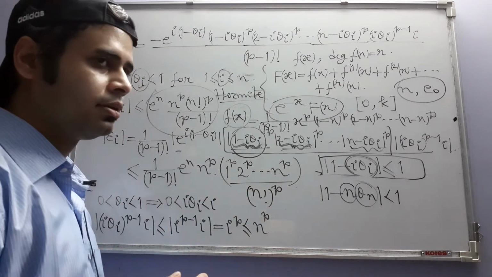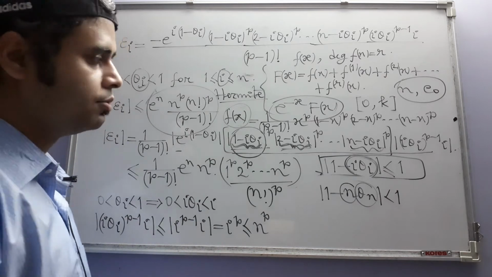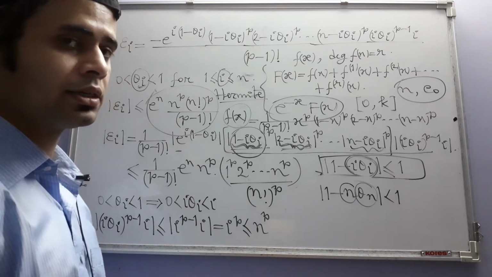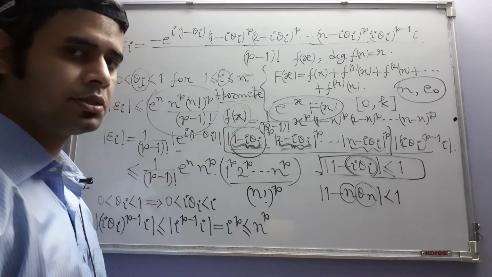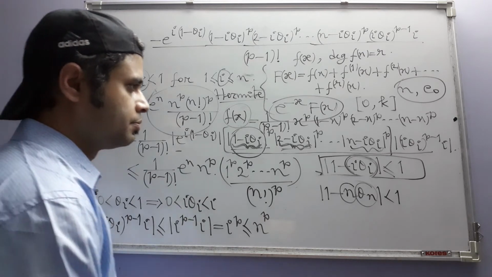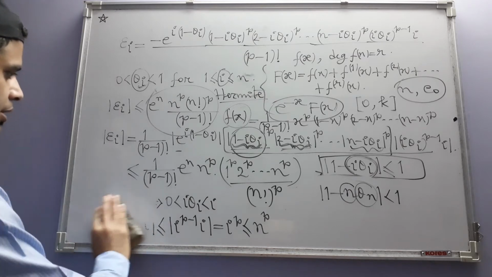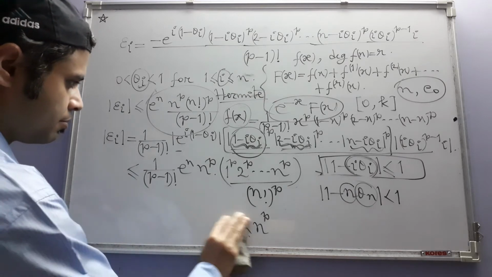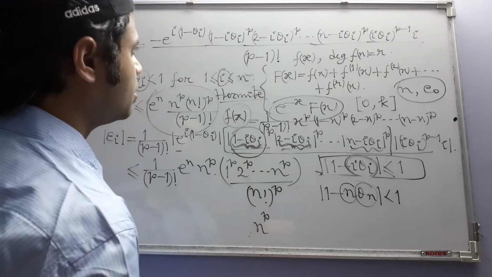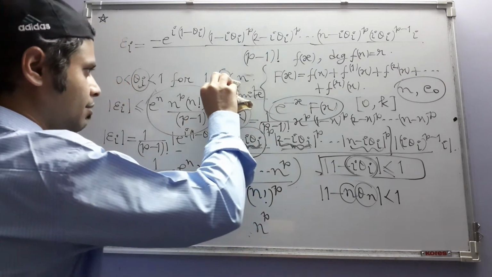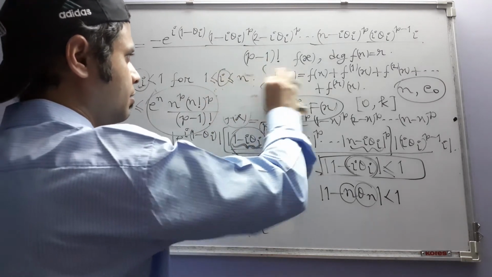Okay, now if this is really an error in the proof, how can we rectify it? Can we rectify this? Because otherwise this proof is gone. Let's see what we can do. I have written so many things here.